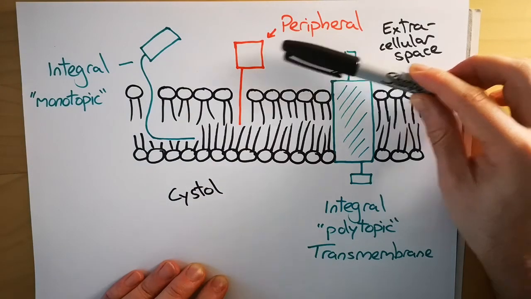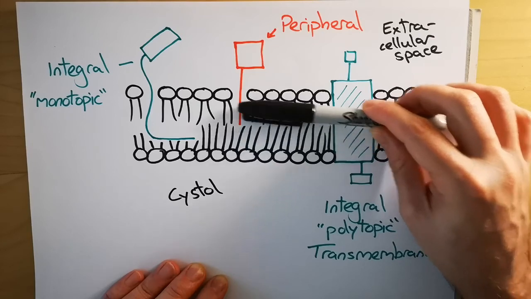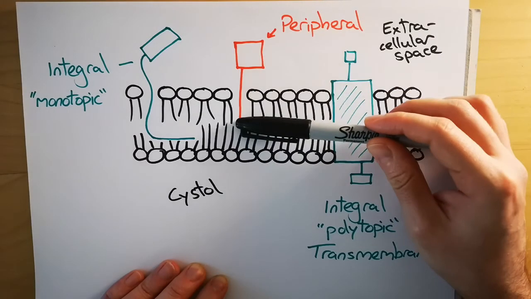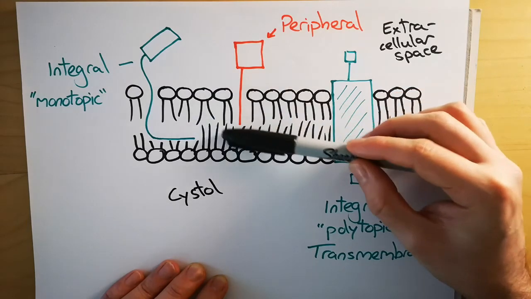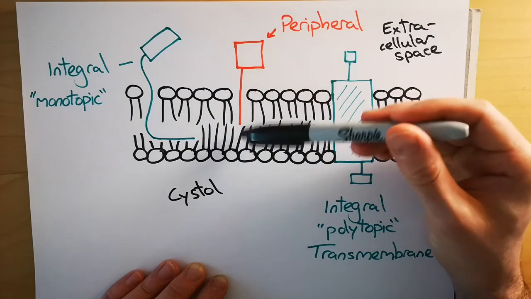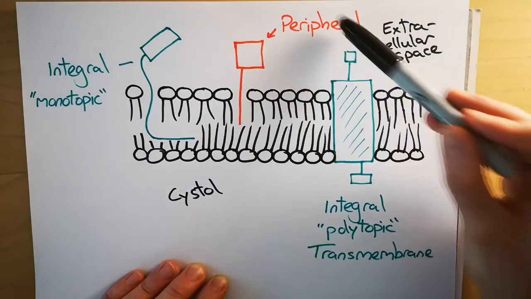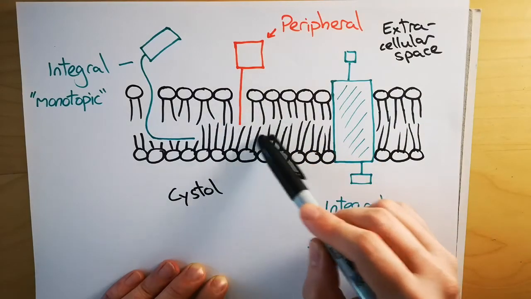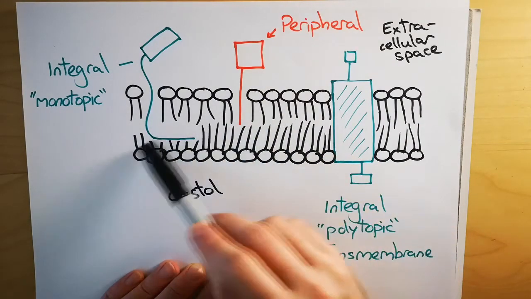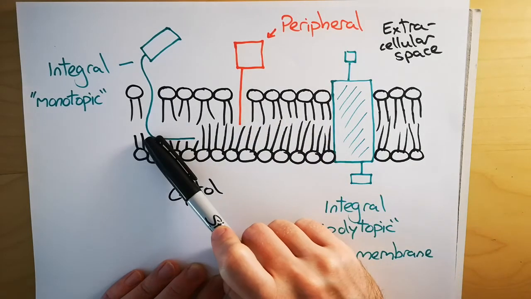This is a peripheral protein that's interacting with the bilayer, and it is embedded in the bilayer, but it doesn't go very far down, and the hydrophobic section is not very large, so that might allow it to leave, and that's why it's considered peripheral. And it's not as well embedded as this one. They are both still embedded, but this one is designed to leave, this one is not.